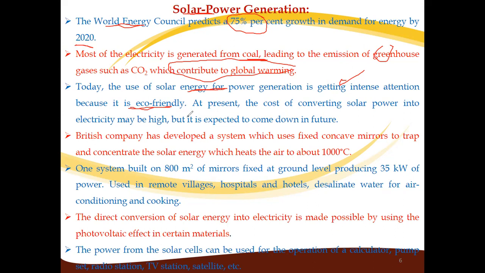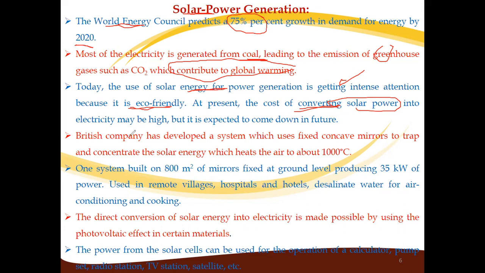Now at present, the cost of converting solar power into electricity may be high, but in future it is expected to come down. The cost of a solar power plant will be less. Now, how will the power generation take place?